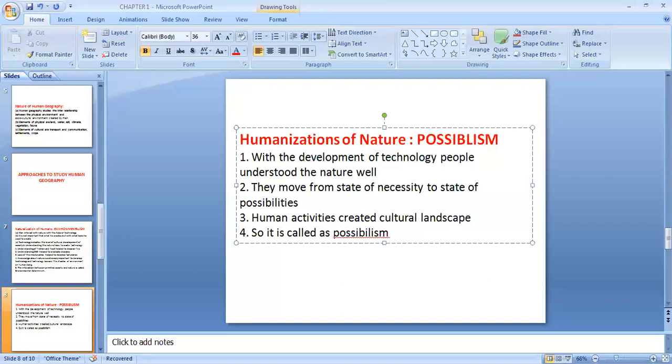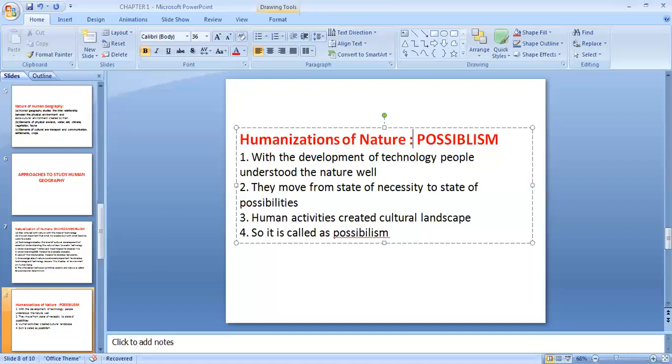But then also, if we are going to criticize the humanization of nature, then you see that still we are having lots of technology, but we are not able to make our vaccine for coronavirus. Why? So somewhere that point is also there. So anyway, now come to the point that maximum time we are having possibilities. So this is known as the humanization of nature.